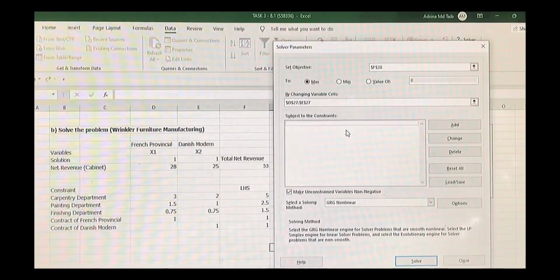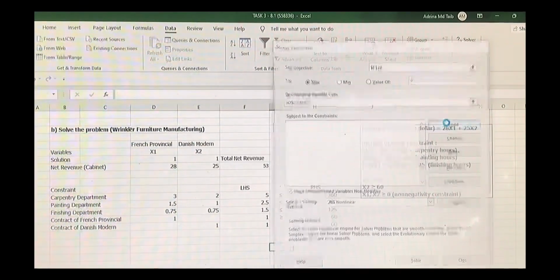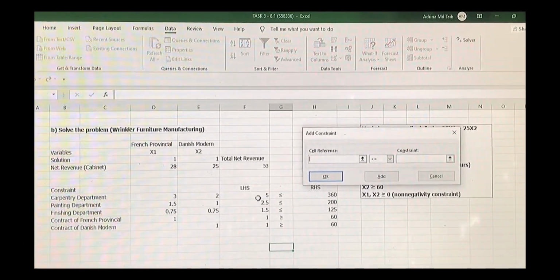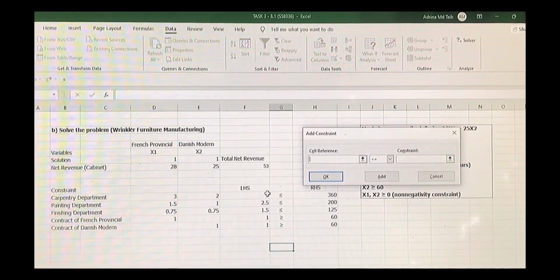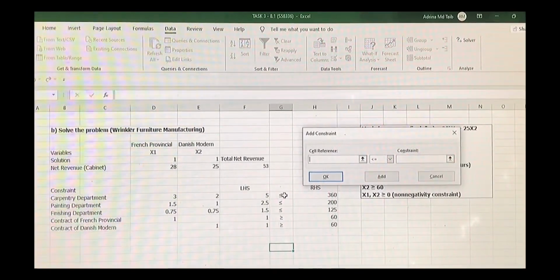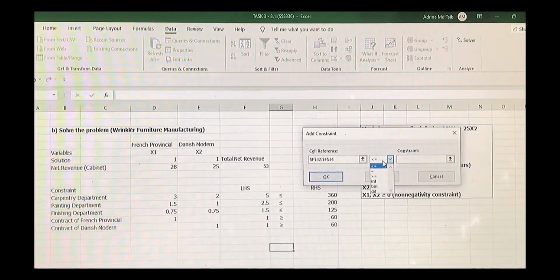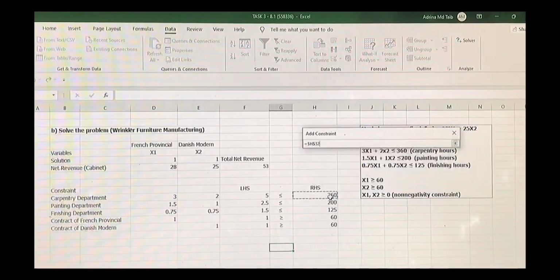So I go to Subject to the Constraints, I choose Add, and I look at the similar sign of the value of the three constraints. I take the LHS value of these three constraints, choose less than or equal, and for the constraint I take the value of the right hand side.